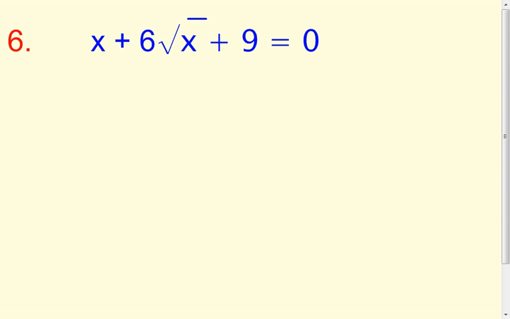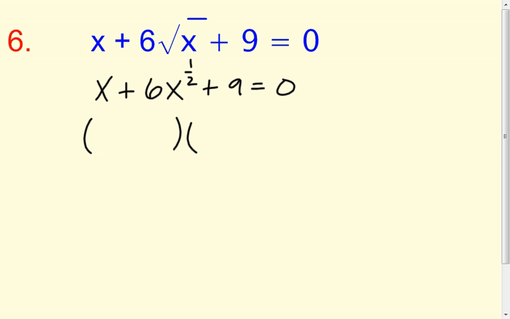All right, very similarly here. Again, that square root of x in the middle is the same thing as having 6x to the 1/2 power. Okay, I will factor this for you. Again, your middle number is your big hint here. So this becomes x to the 1/2 and x to the 1/2.